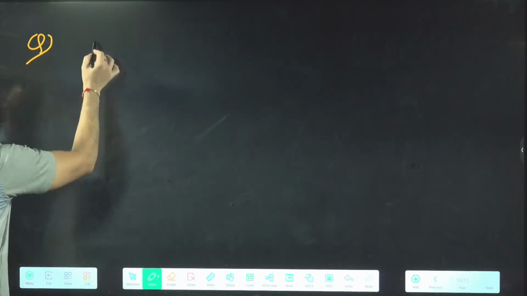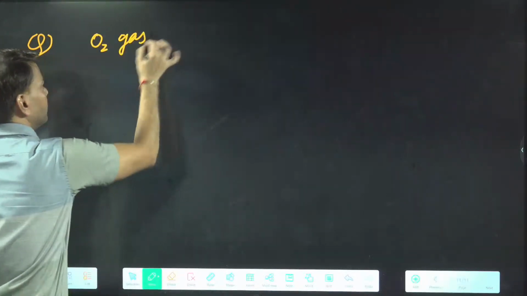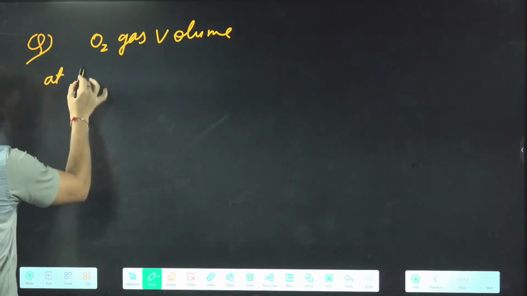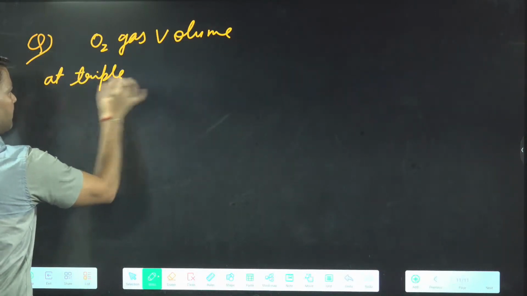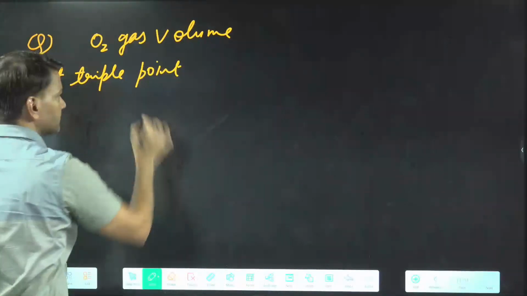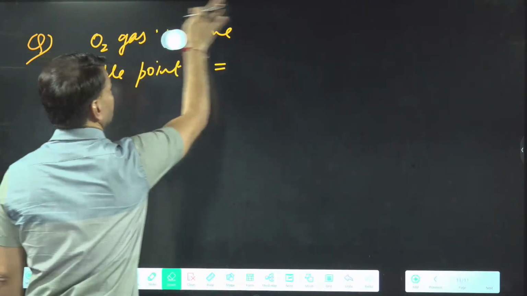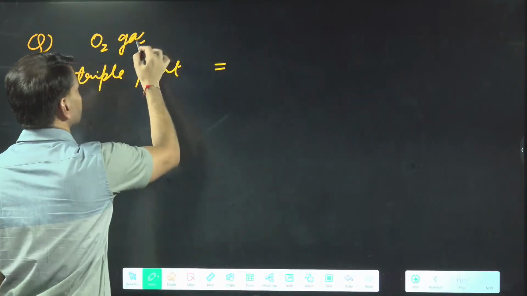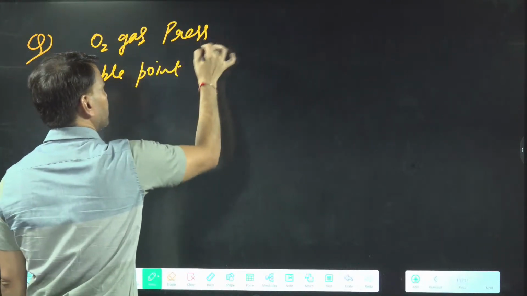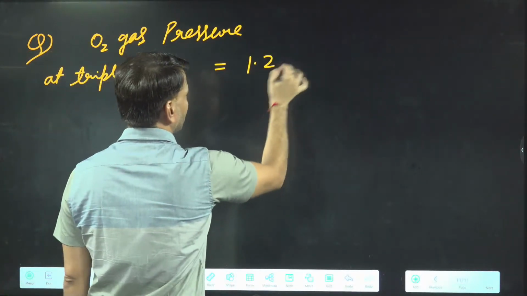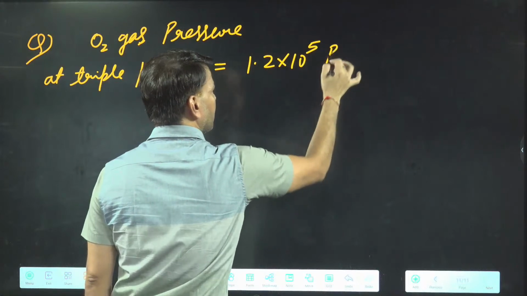Suppose I am giving oxygen gas, pressure at triple point is equal to 1.2 into 10 to the power 5 Pascal.